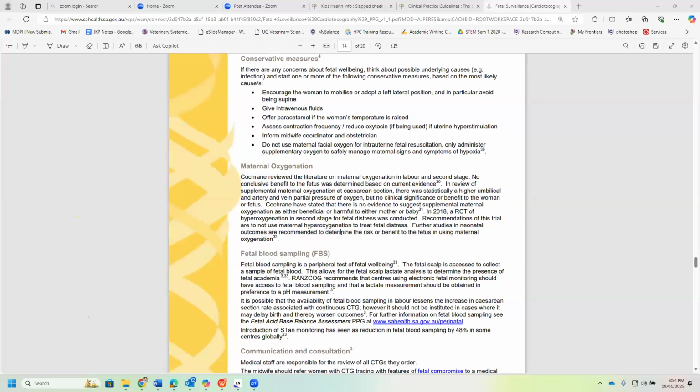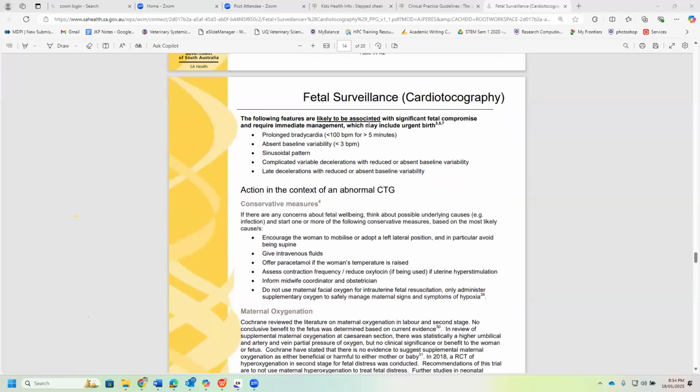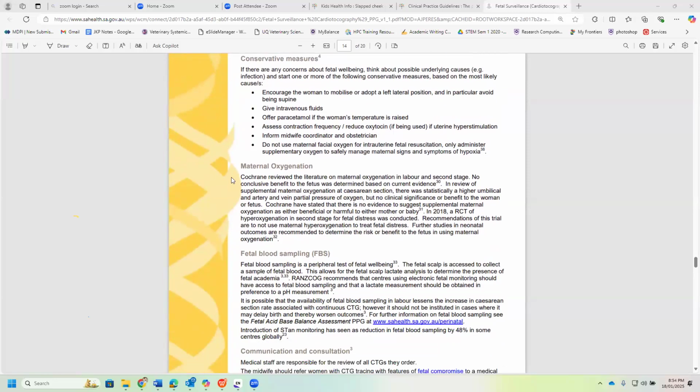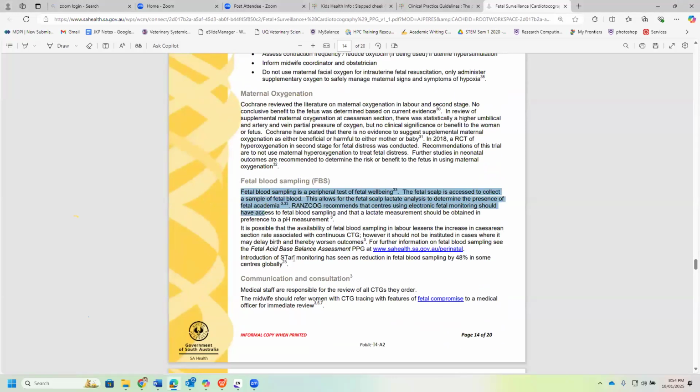So what is the next best step when you know there is an abnormal CTG? We try to make sure that mom is having adequate oxygenation, and then we do fetal blood sampling. It gives us information about fetal lactate analysis to determine the presence of acidemia.